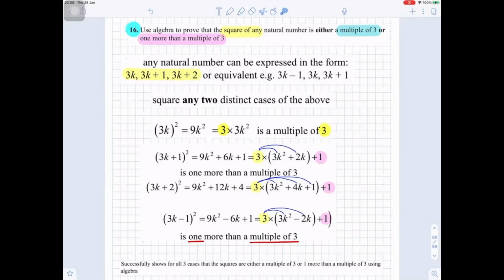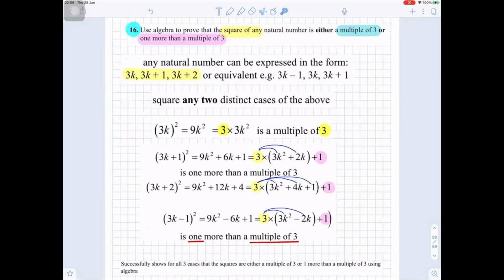So 3 times 3 is 9k squared, 3 times 4 is 12k, 3 times 1 is 3, plus this 1 gives you that 4. So it's plus 1 at the end.